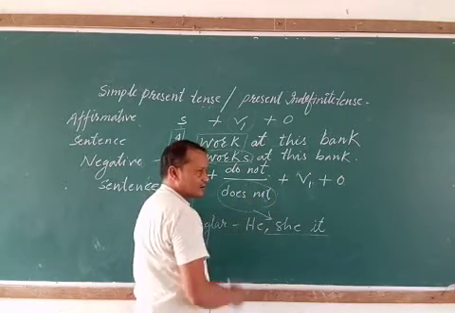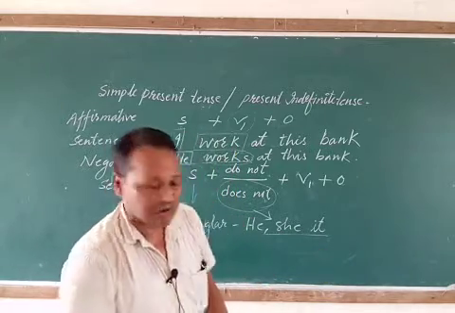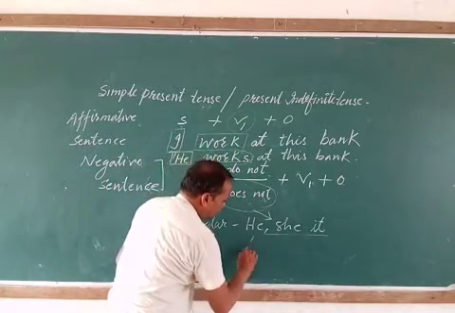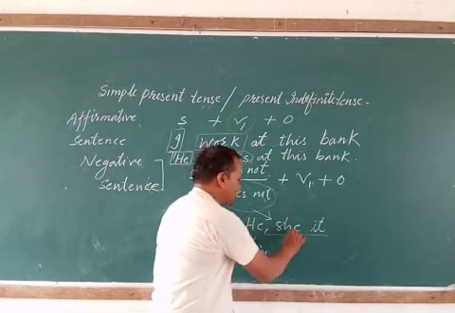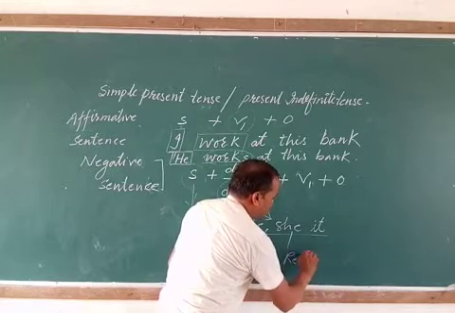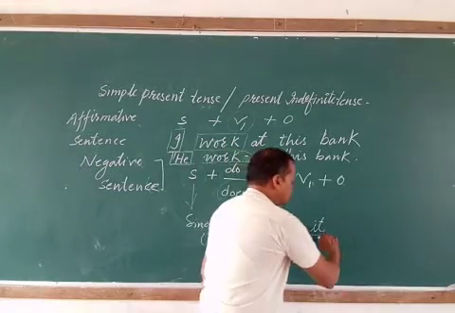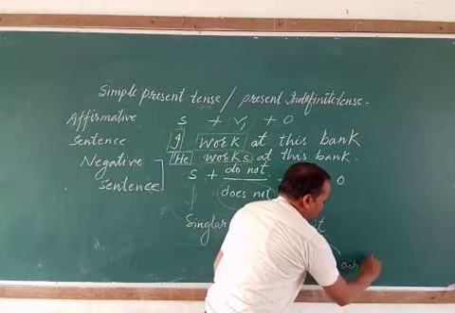Means with these pronouns he, she, it, or if he is any name, means Raju, Rahim, anything, or she is any name, means Ritu or Salma or any name, or it is anything, if air, table, anything.